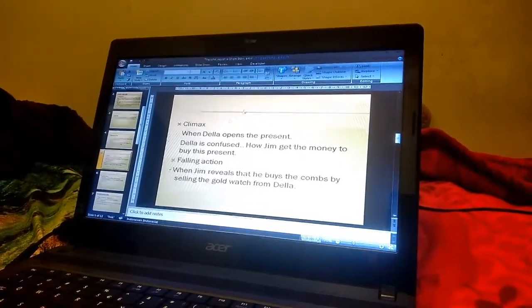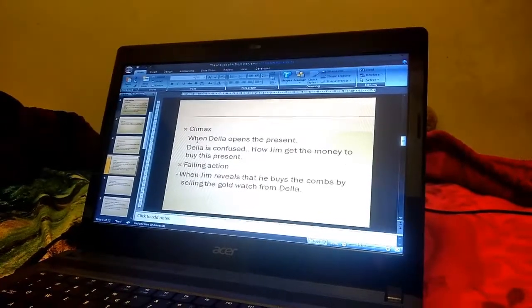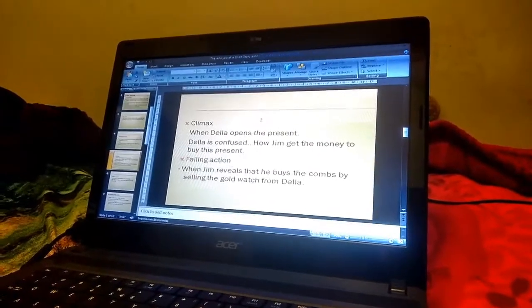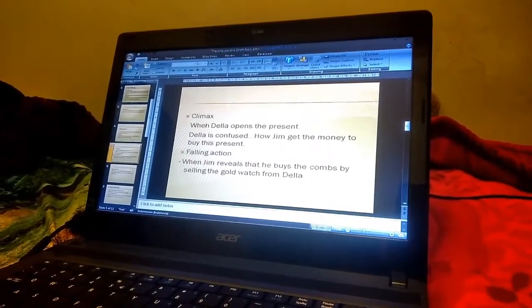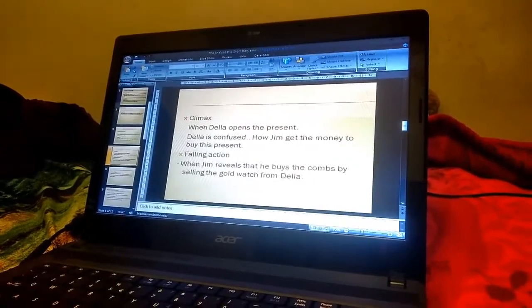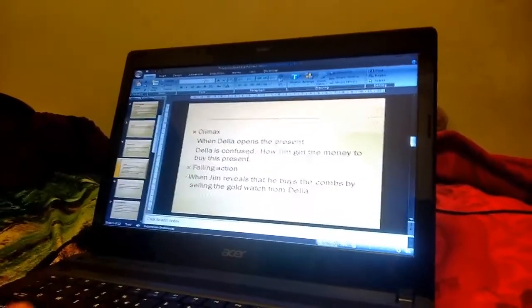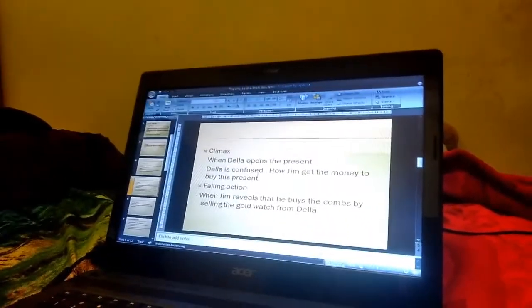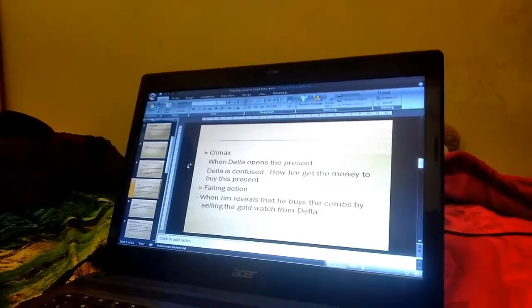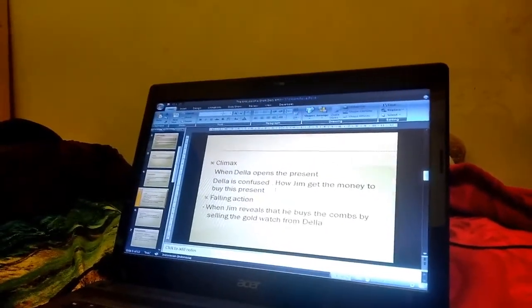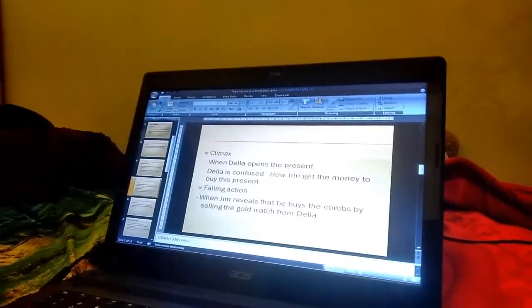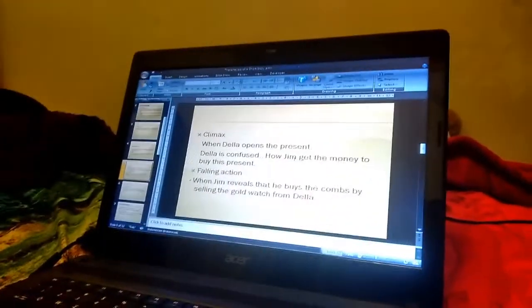And the climax of this story is when Della opens the present given by Jim, and Della is confused. I think Della is confused because she never knew how Jim got the money to buy this present. The present is very expensive, and Jim is very poor.